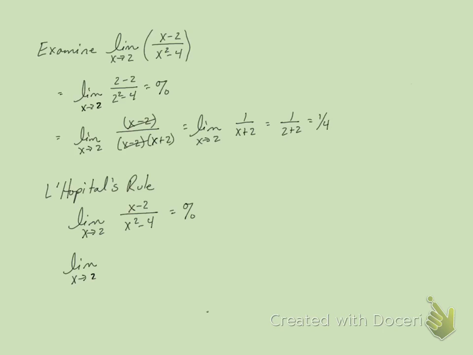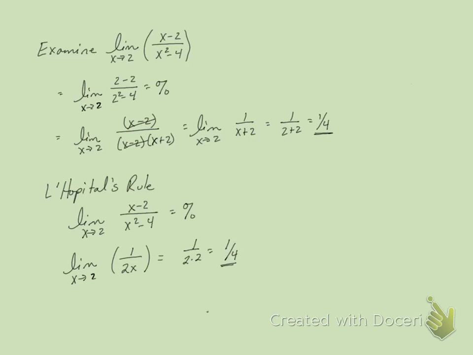The derivative of the numerator is 1, and the derivative of the denominator is 2x. Now when we use direct substitution, we get 1 over 2 times 2, or 1/4, the same answer as we did when we factored above.